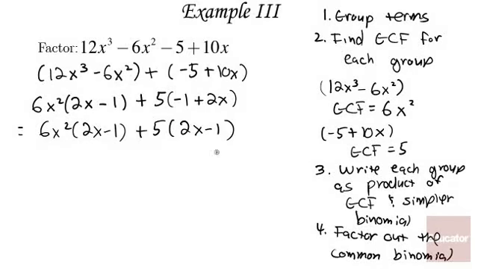And once I do that, I see that I have a common binomial, and I'm going to pull that out, and it's going to leave me with 6x squared plus 5. So the factorization of this polynomial with 4 terms was achieved by first grouping the first 2 and the second 2 terms, finding the greatest common factor for each pair, and then factoring out the common binomial.